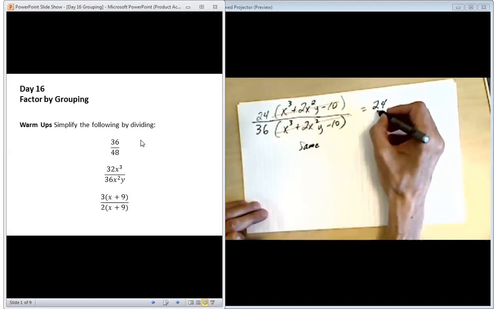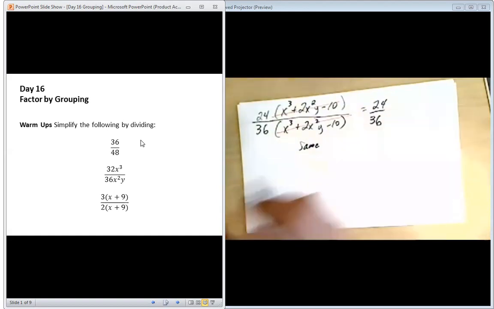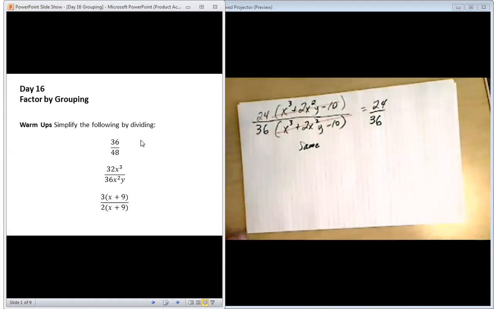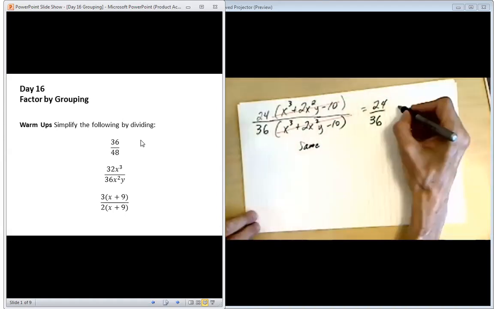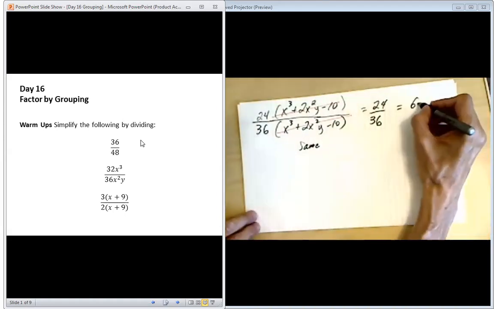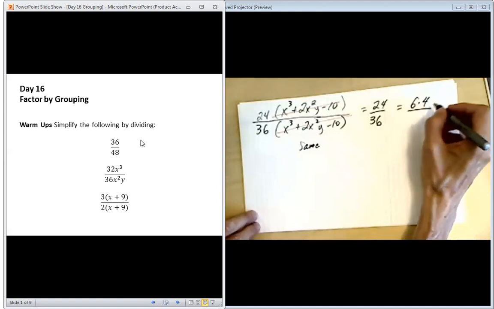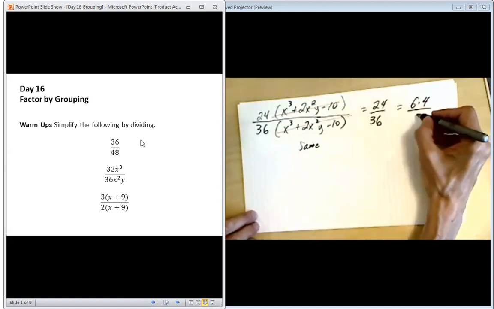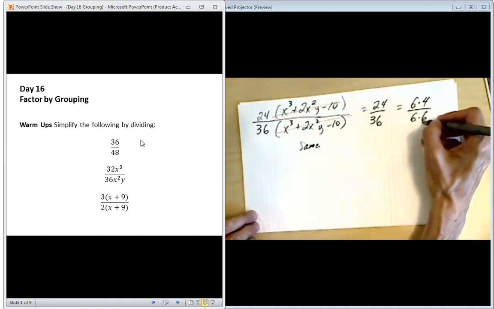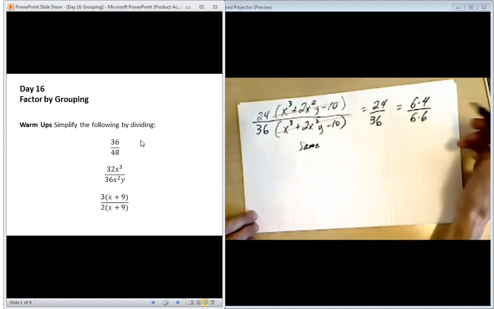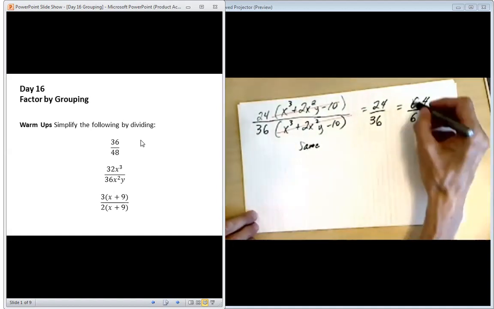24 over 36, as a first step, but those numbers are pretty big. So what do we do? Smooth it down a little bit more. Sure, the class says 6 times 4 for the top. What about the bottom? Sure, 6 times 6. Those divide out.